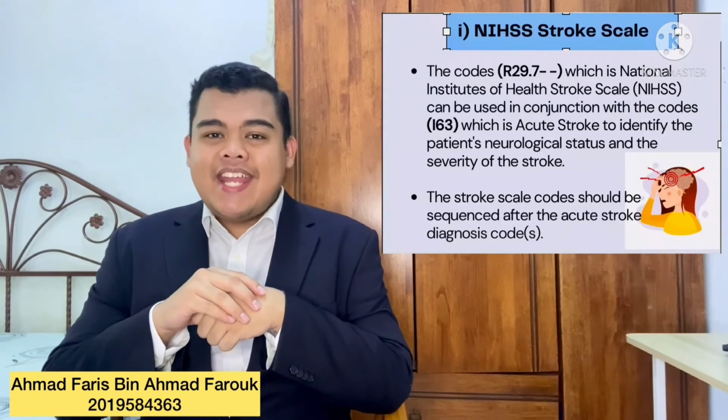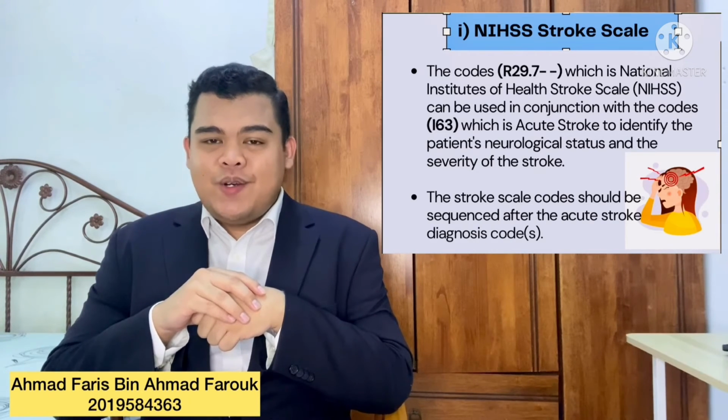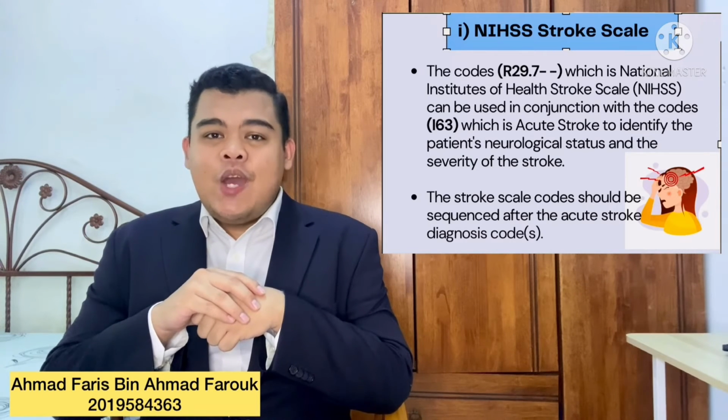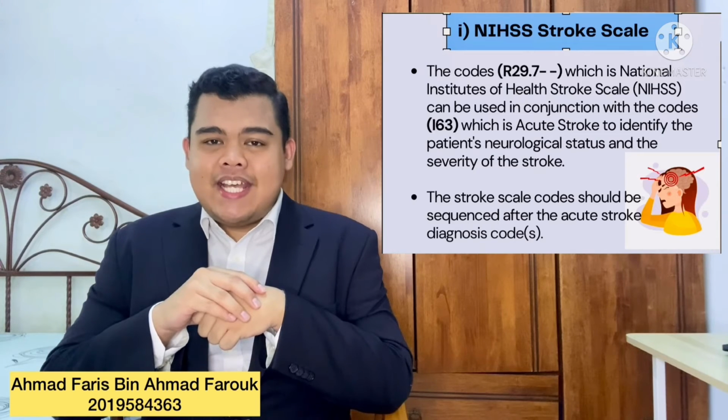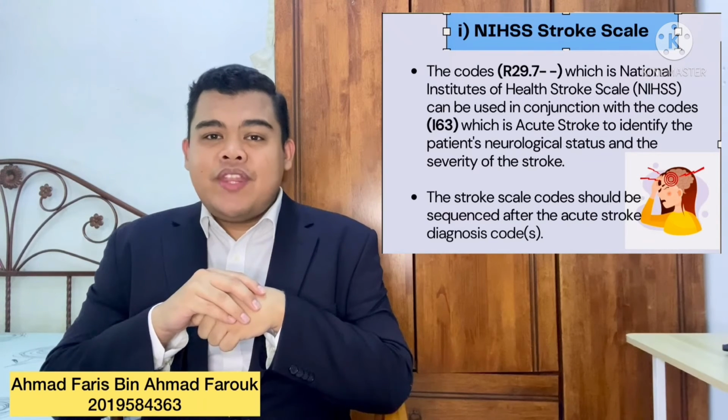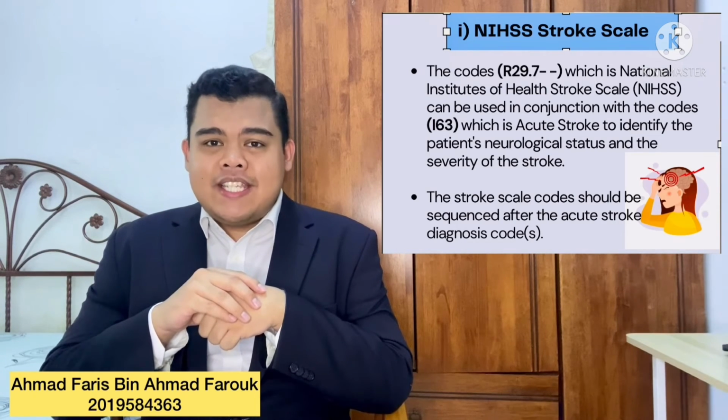Thank you, Izzat Izzuddin. Assalamualaikum and hi. Next, I will be explaining the last part of Chapter 18, which is the NIHSS stroke scale, and concluding this chapter as a whole. The codes R29.7-, which is the National Institutes of Health Stroke Scale, NIHSS, can be used in conjunction with the codes I63, which is acute stroke, to identify the patient's neurological status and the severity of the stroke.